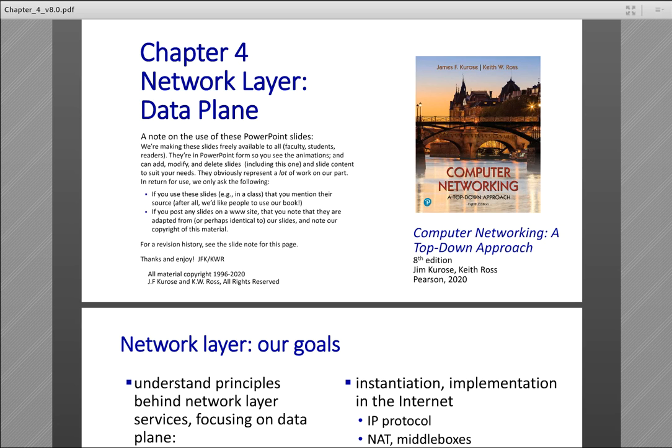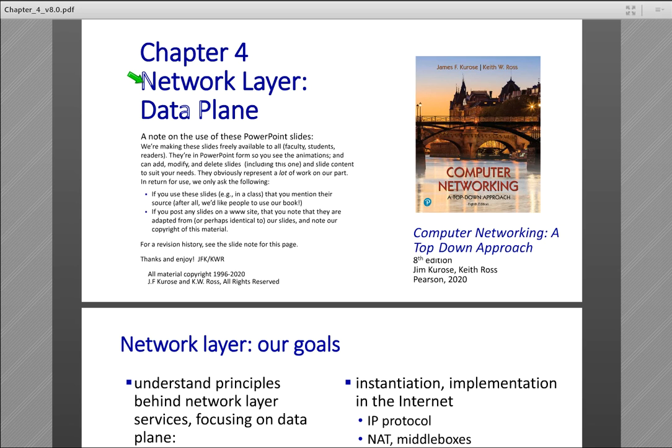Okay, chapter 4 of the book is about the network layer. Here, in this course, we will read more about the network layer in 2 chapters. The first chapter is about the data plane, and the second, chapter 5, the next chapter, is about the control plane.